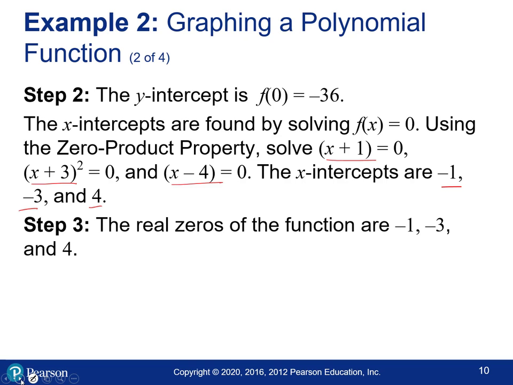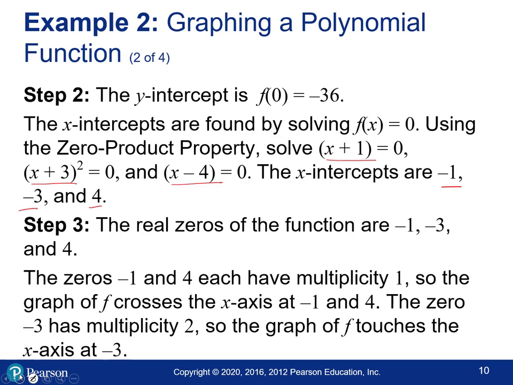And now we have our real zeros and the multiplicities, how many times those factors occur. So this factor, if we write it out really quick from the beginning, we had x plus 1 times x plus 3 squared times x minus 4.